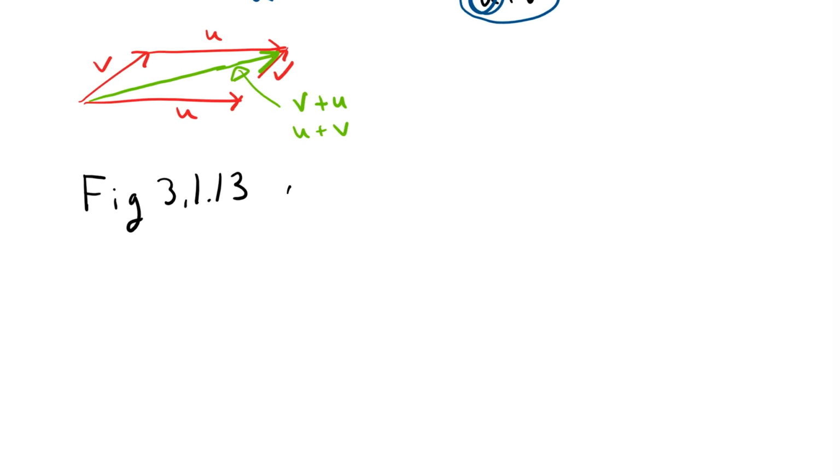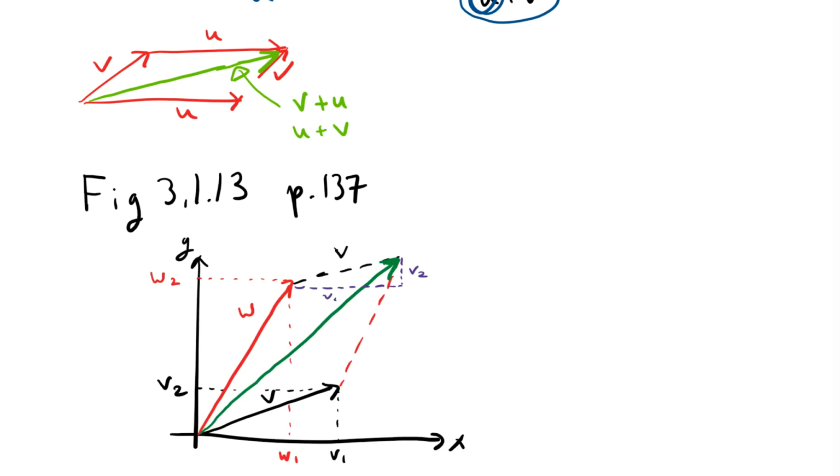In my book, that's on page 137. The figure has two images, and you want to look at the image that's to your left. Alright, so I did my best.